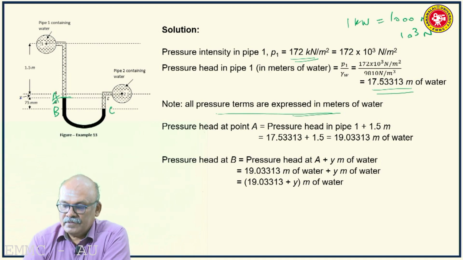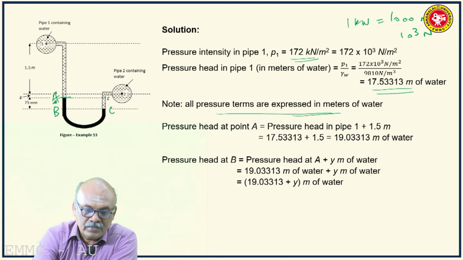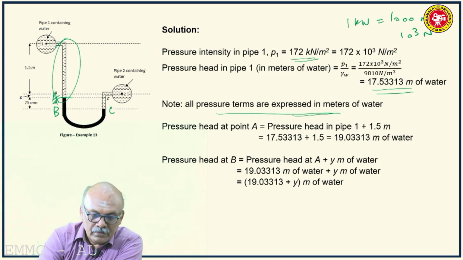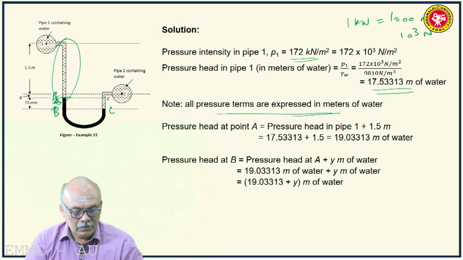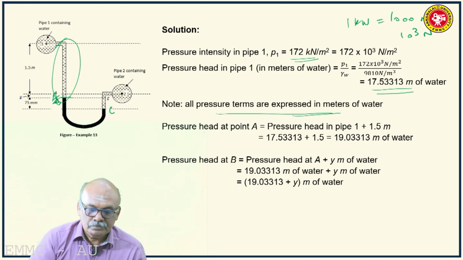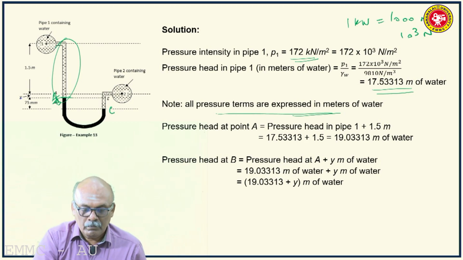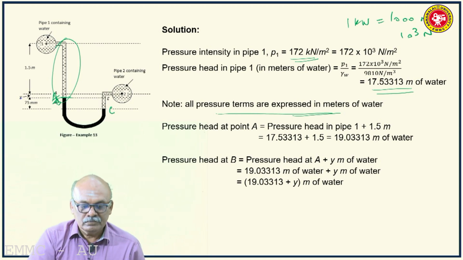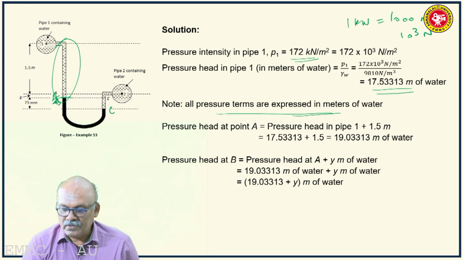So, pressure head at A is equal to pressure head in pipe 1 plus 1.5 meters, which is the difference between 1 and A. Then pressure head at B is equal to pressure head at A plus Y. Sorry, B is here. So, this is A and B is pressure at A plus Y meters of water.